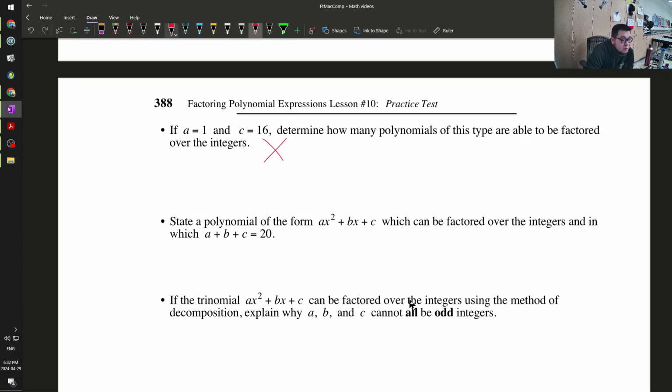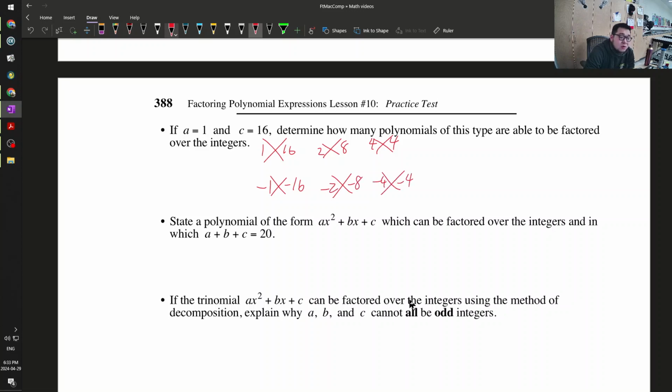My left and right number can be 1 and 16, 2 and 8, or 4 and 4. If I switch the numbers around, it doesn't really change. But it could also be negative: -1 and -16, -2 and -8, and -4 and -4.